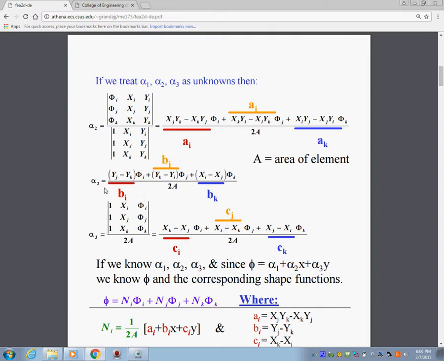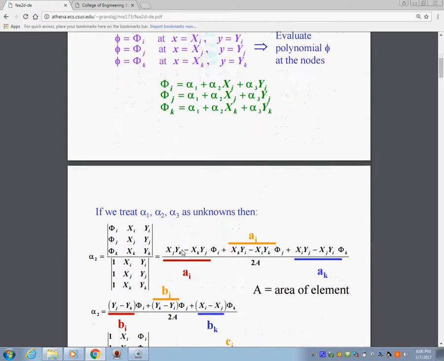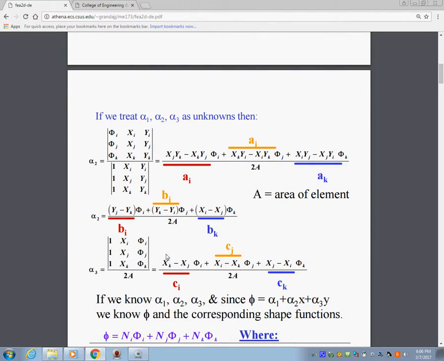For the second one, if you obtain this for the second value, alpha 2, then you have the matrices a little different, yeah? And then you will have b times phi sub i, b sub j, phi sub j, and b times phi sub k.